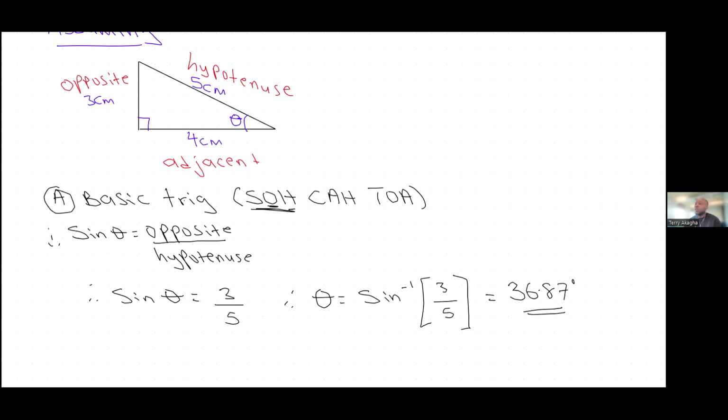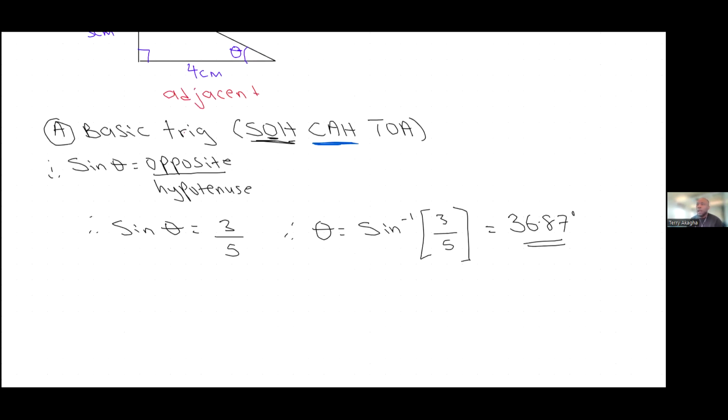All right. So now let us use cosine. Let's try with cosine and see if we get the same thing. So number 2, we have cos theta. Cos theta is equal to the adjacent divided by the hypotenuse.